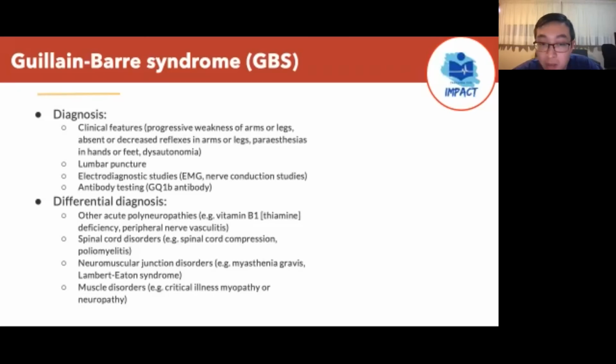Now, myasthenia gravis results in muscle weakness that is classically fatigable. So the more you use it, the worse the weakness gets. You can get ocular variants of myasthenia gravis that affect only the ocular muscles, causing ptosis or diplopia.